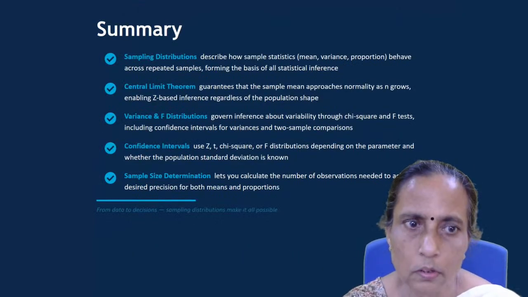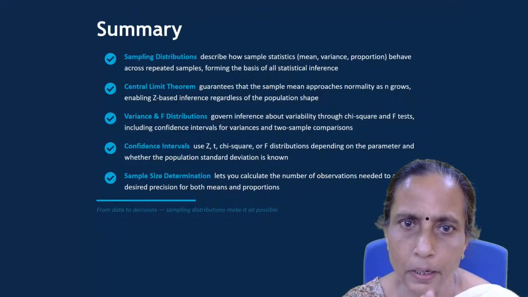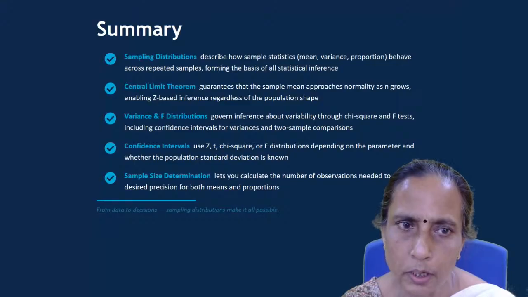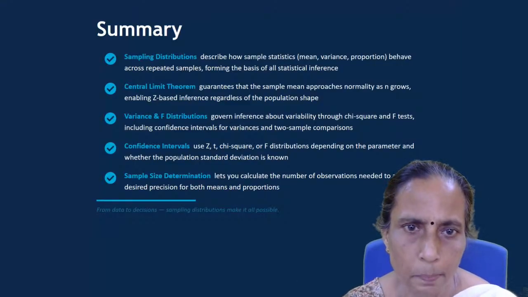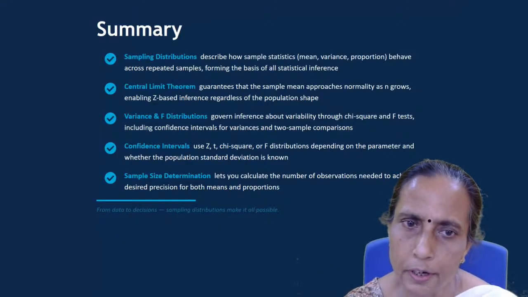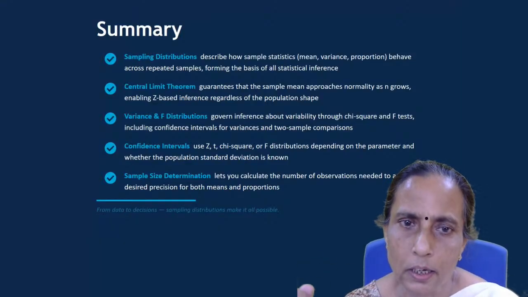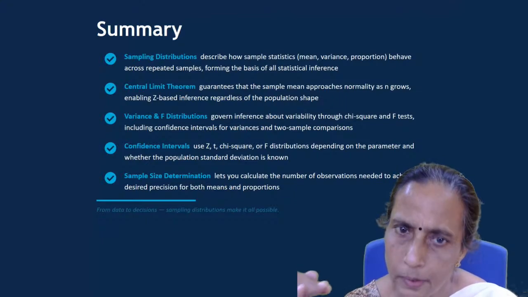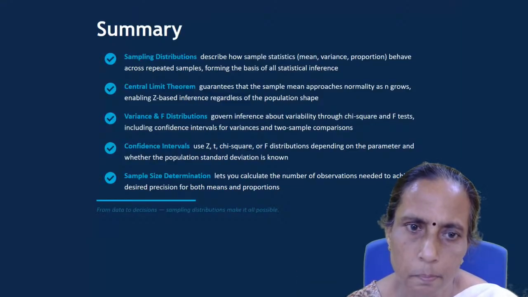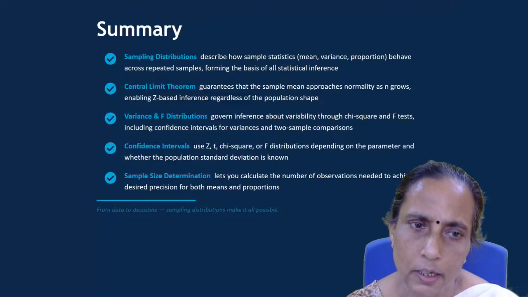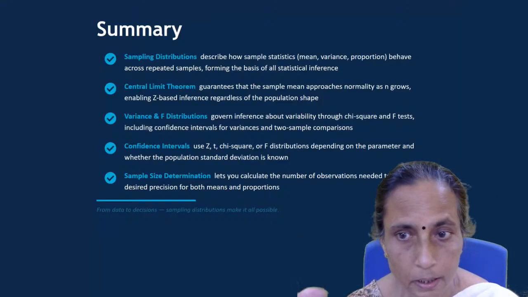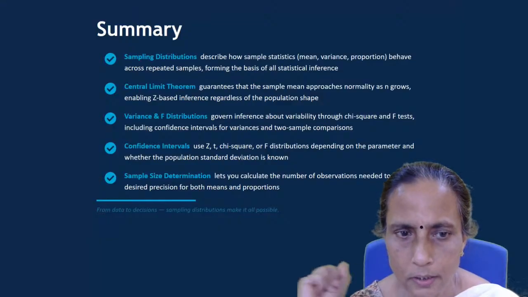Summary, maybe. So today we have discussed the sampling distributions. We have described how sample statistics, mean, variance and proportions, behave across repeated samples, forming the basis for all our statistical inference techniques. And we have discussed the central limit theorem: the sample mean approaches normality as n grows, enabling Z-based inference. We also discussed the chi-square and F distributions, which govern inference about variability through the chi-square and F-test.